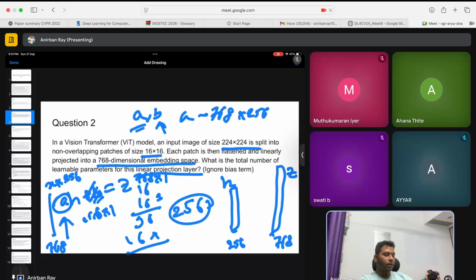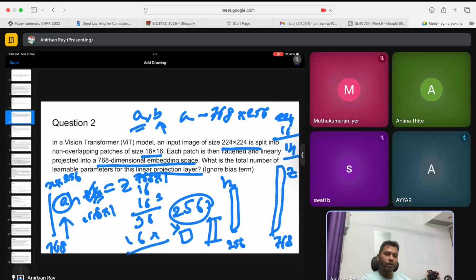So take it as a linear learnable layer. It is fed the patches. So the total number of patches can be how many? 224 by 16, how much is it? It is 14. Yes, sir. 14 is the number of patches possible along each side.